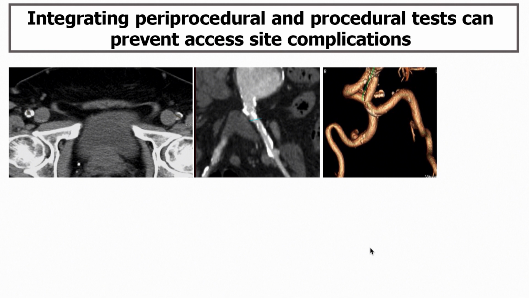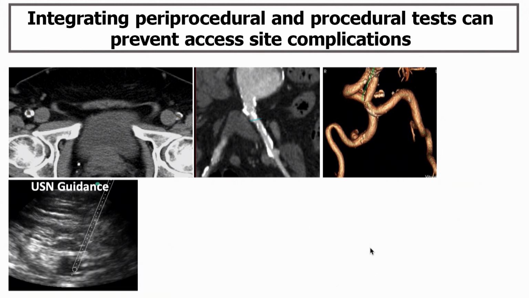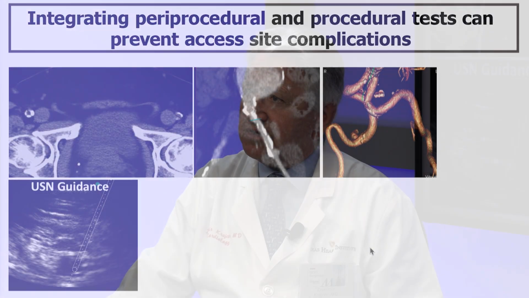Current technologies are offering us the opportunity to integrate all those modalities and make it easier for us to obtain adequate imaging during the procedure and also make preparations for the procedure, as well as reducing the risk of radiation during the procedure. I think that's a very important aspect to take into consideration.